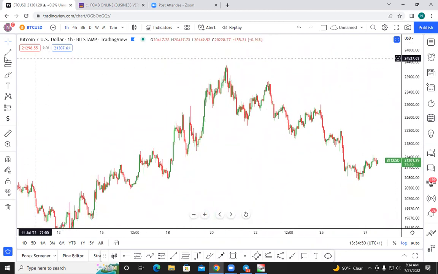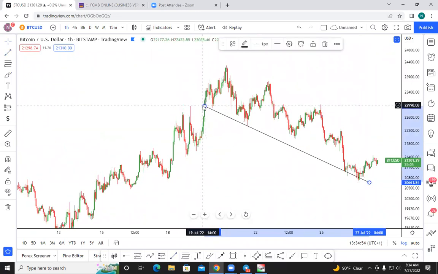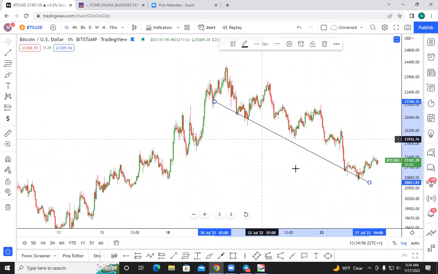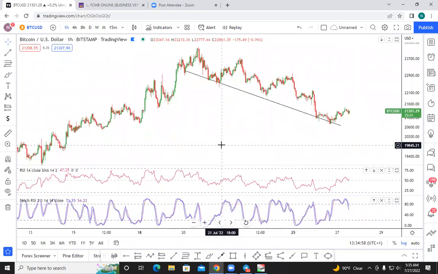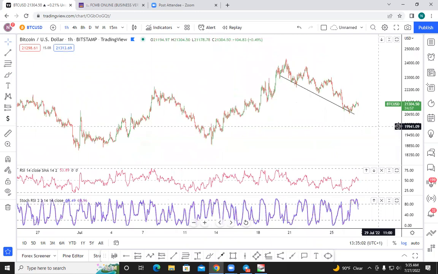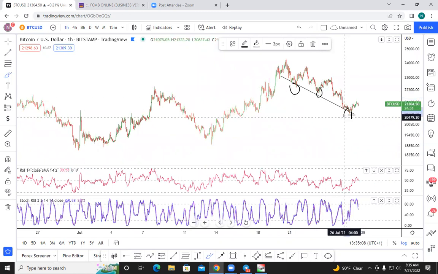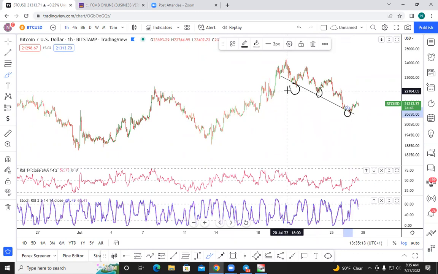So what I will just do here is plug a trend line to connect this, and go back to my indicator. I want to see on my indicator, do I see lower lows the way I'm seeing it here? This low is lower than this one, this low is lower than this one.